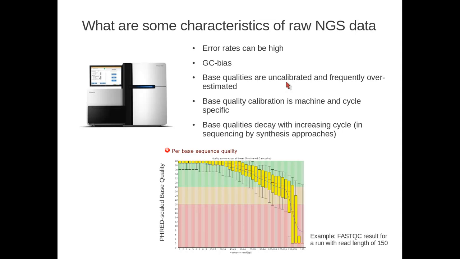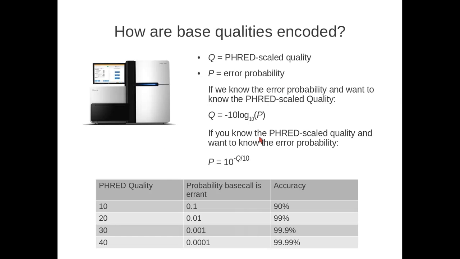So what that means is, if we go back a slide here, in principle, the error probability is related to the quality score. This math is, in fact, exactly correct. The problem is that this error probability is not well known. Algorithms predict what that error probability is, but they can be wrong.